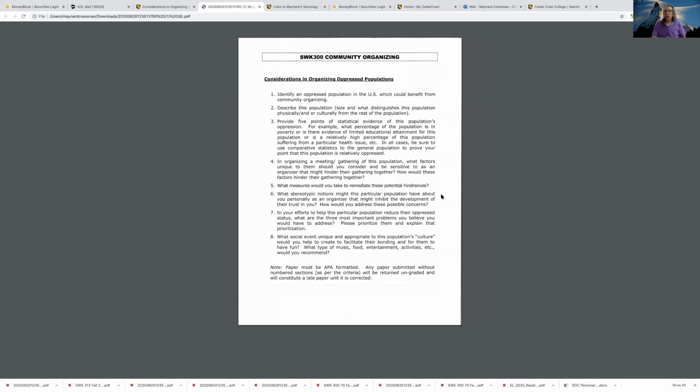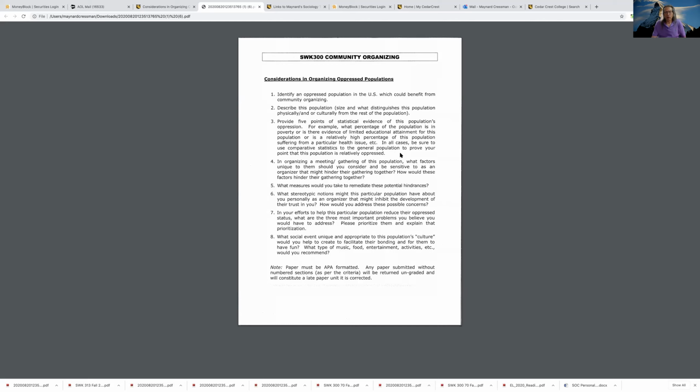Approximately 9 to 10% of the elderly are in poverty in the United States, whereas the poverty percentage for everyone else is about 12 to 13. So you're proving just the opposite. They're not oppressed. That's why it's got to be comparative to the overall population to prove your point.